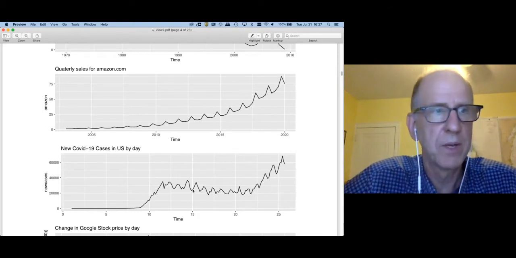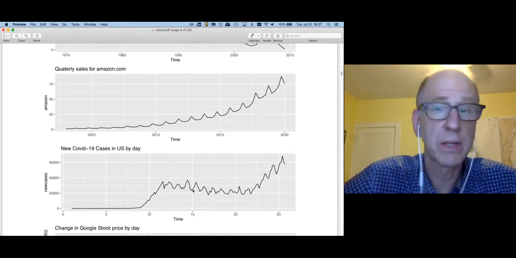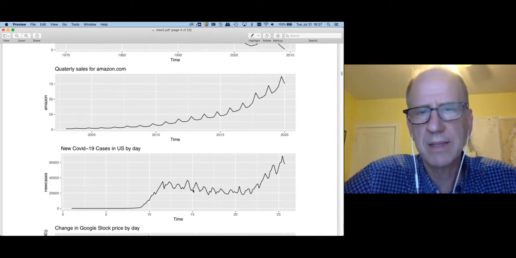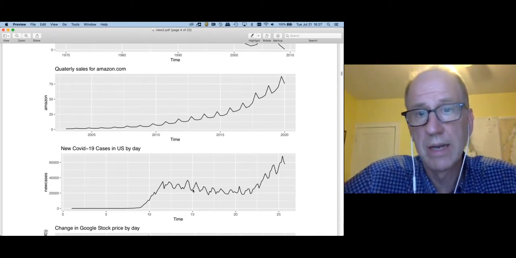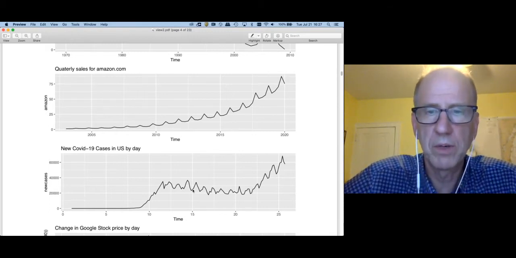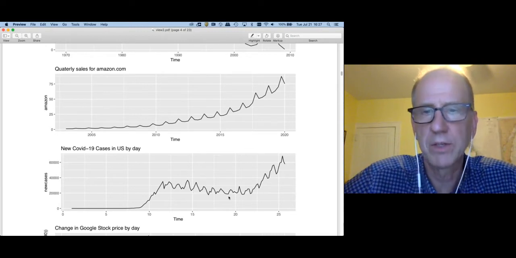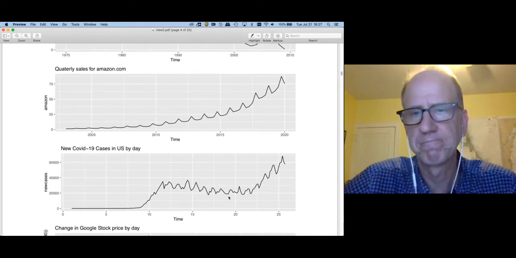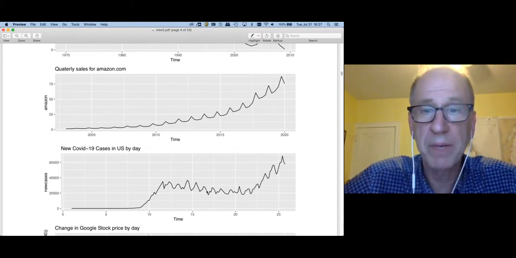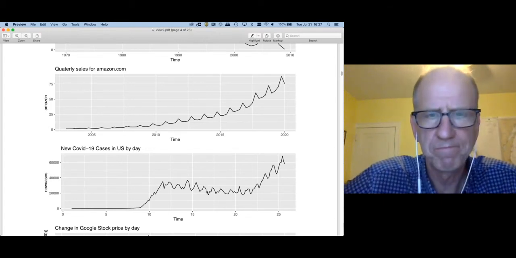Oh, by the way, testing stations are more likely to be open during weekdays than weekends. So it's not that more cases are occurring. It's just that more cases are reported due to any number of factors in our healthcare system. Okay, so we see a strong seasonal component happening at the weekly level.